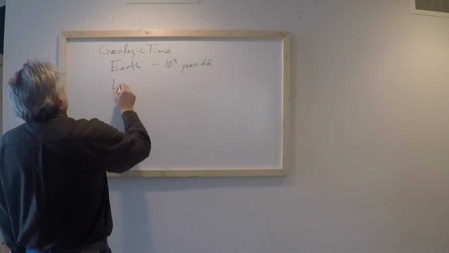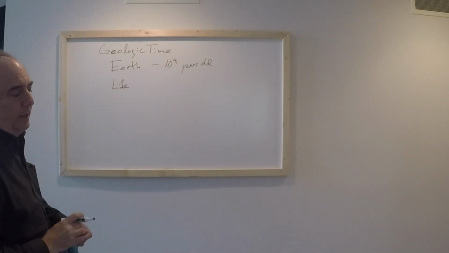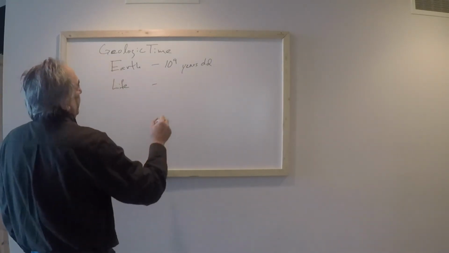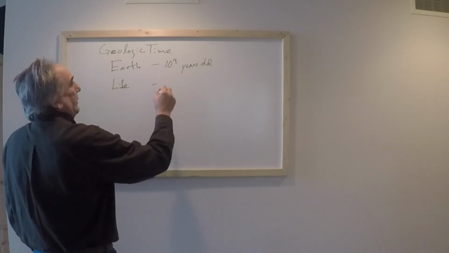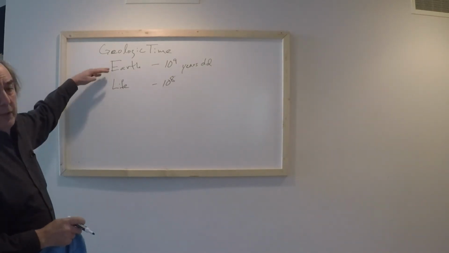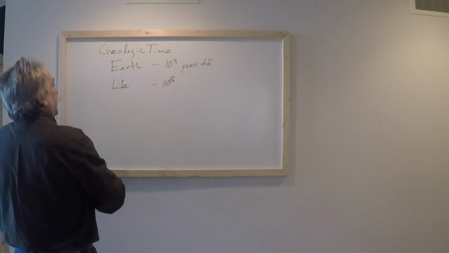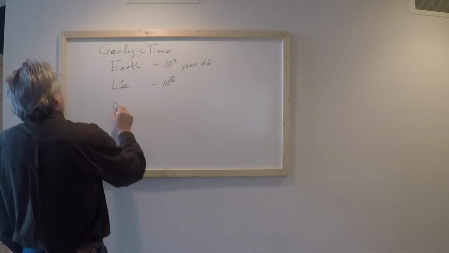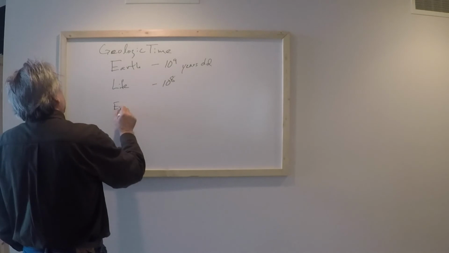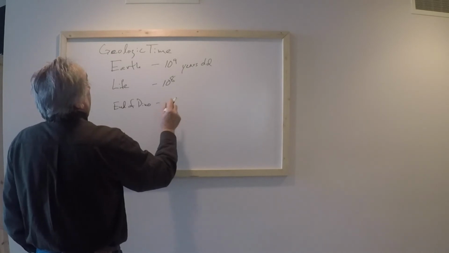Life is a little trickier. The Archean, I'm going to get this wrong, but none of you are, is about 10 to the 8, a hundred million. And this is a tricky one here, but that's all right. Dinosaurs, well, end of the dinosaurs, is about 10 to the 7.